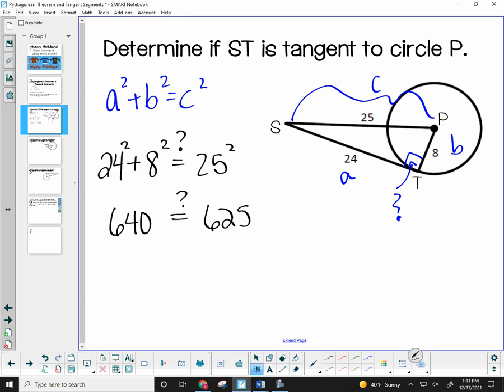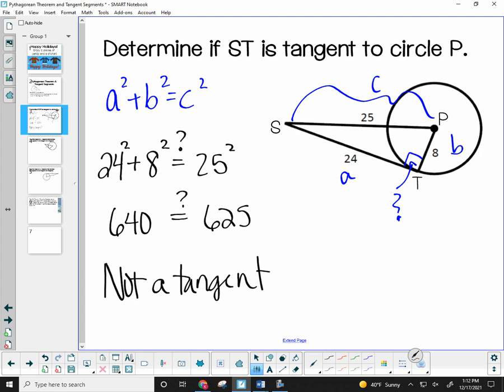The Pythagorean theorem did not hold true. Therefore, this is not a tangent. If we would have ended up with 625 equals 625, that's a true statement, so the Pythagorean theorem would have held. That means it is a right triangle, which means we would have had a tangent. Is that okay?